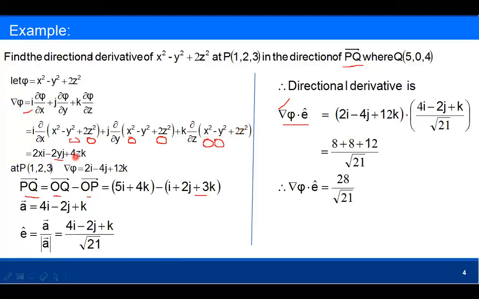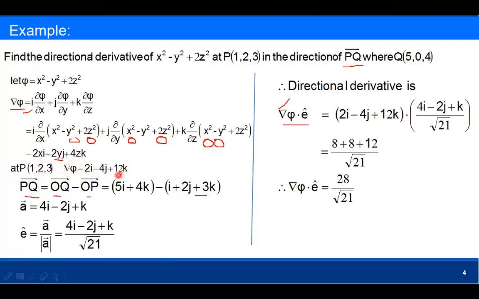Now we have to find the directional gradient of this function at the point P(1, 2, 3). Simply put x equal to 1, y equal to 2, z equal to 3. So 2 into 1, 2. So minus 2 into 2, that is minus 4j, 4 into 3, 12.